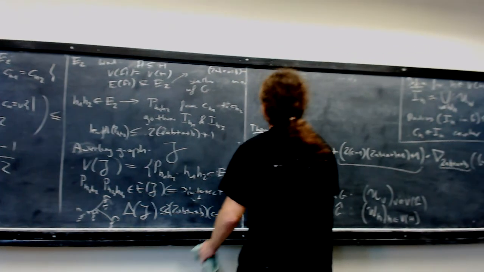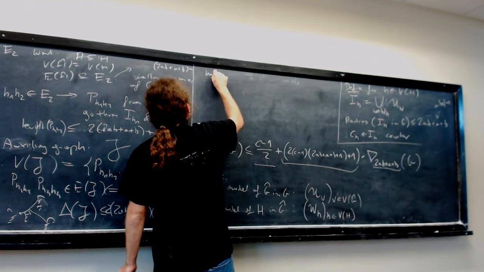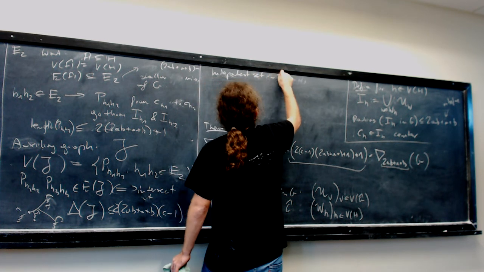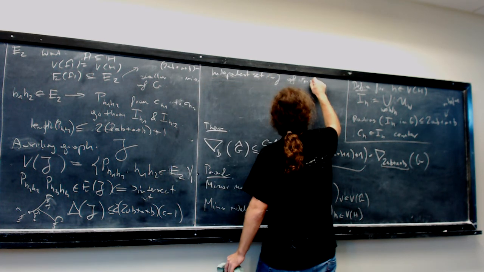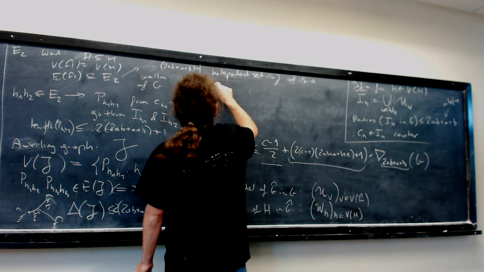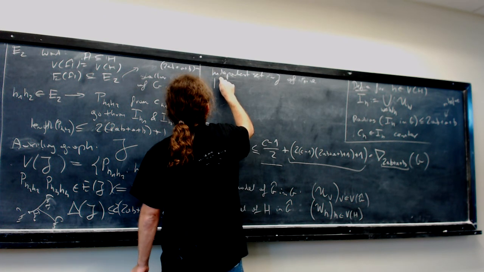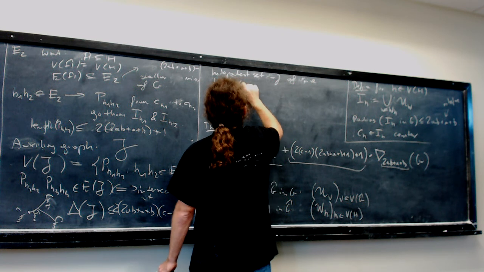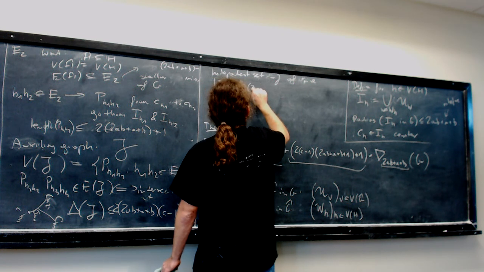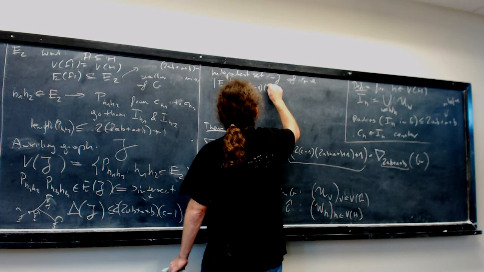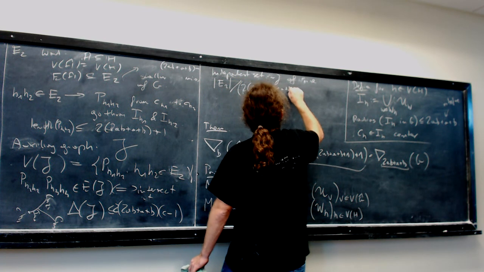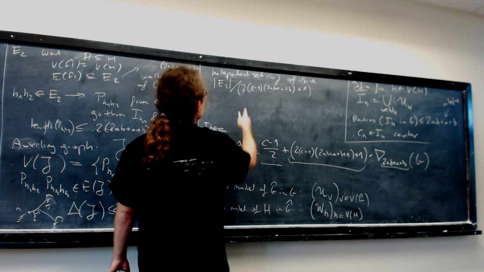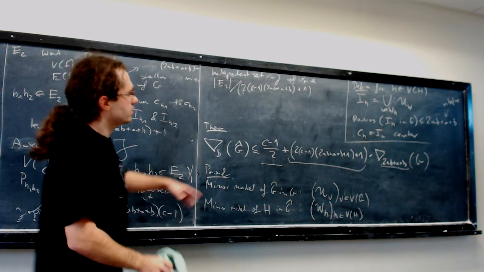That means that there is an independent set in J of size number of vertices over 2 times c minus 1 times AB plus A plus B plus 1, because this is degree plus 1, maximum degree plus 1, and this corresponds to a congestion.